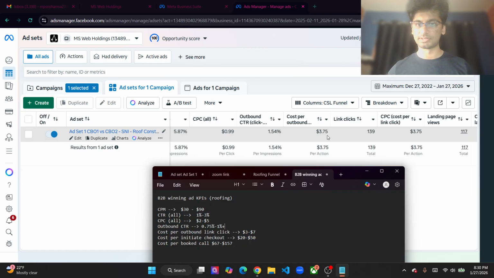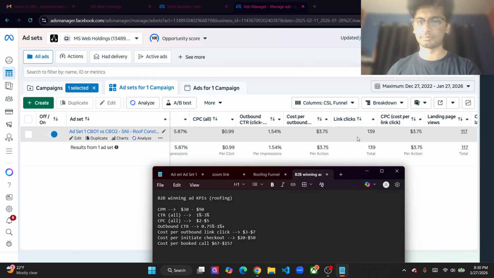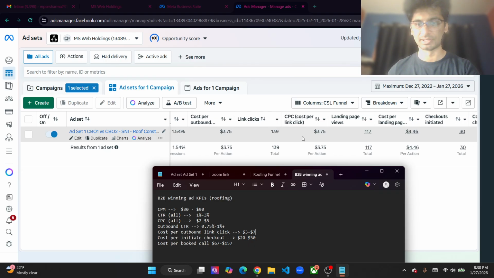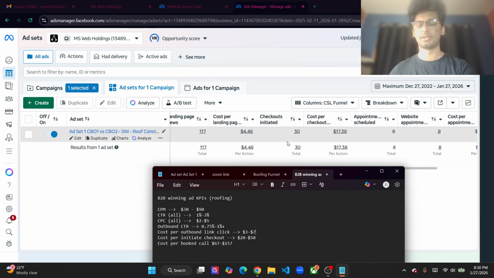Outbound link click is $3.75. This is also within metrics, so that's fine. Link clicks is 139. The cost per link click is $3.75. Landing page views. Where is the checkouts? Right here. So cost per initiate checkout, $17.